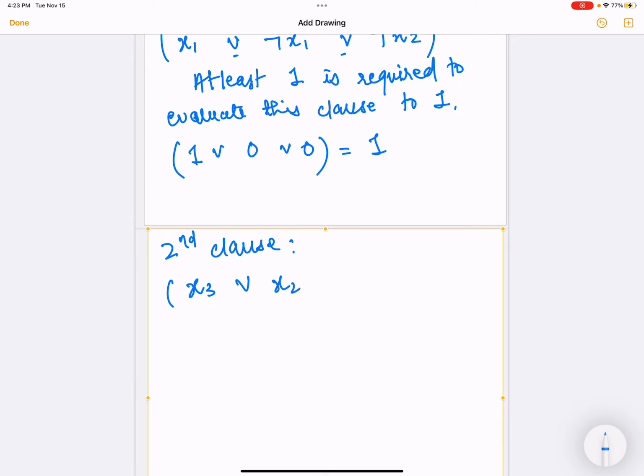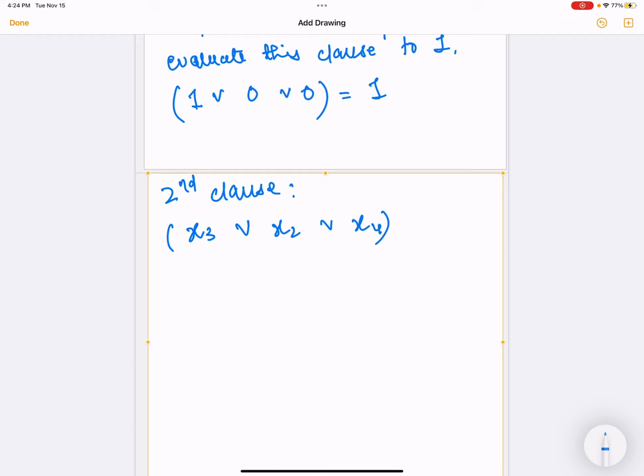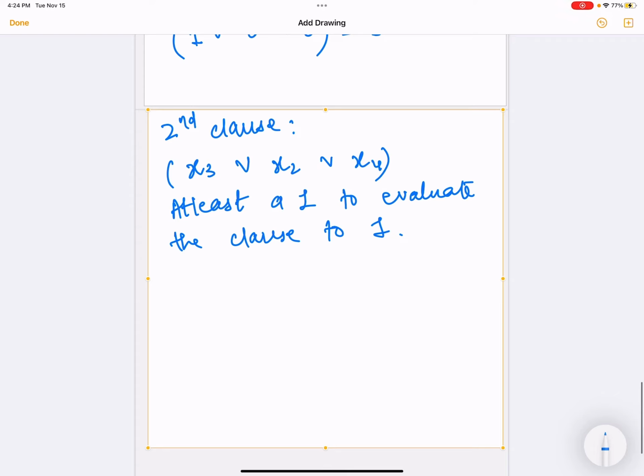Now as again there is a disjunction here, we need at least a 1 to evaluate the clause to 1. So now let's put the values. So we know that x3 is 0, x2 is 1, and x4 is 0. So the whole clause will evaluate to 1 as there is at least 1 here.